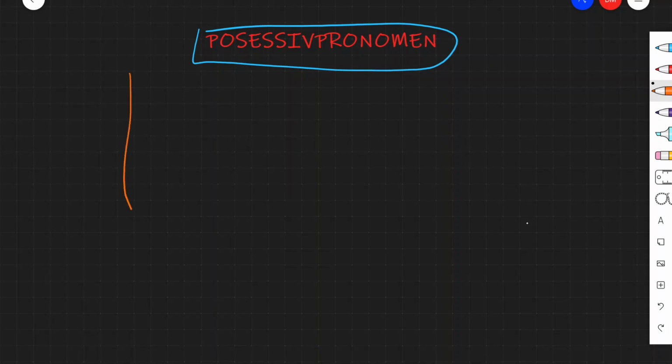Let me make a line like this, a little straighter. Okay. So the personal pronouns in German were ich for I. Let me write it more beautifully. Ich, du, er, sie, and es. But I'll write just er and es.